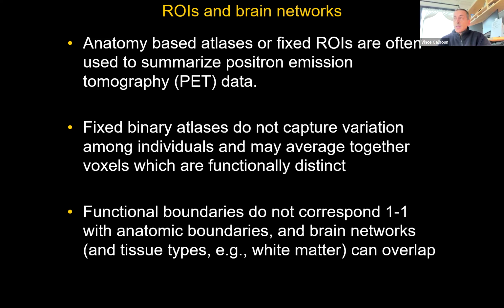In particular, if you're doing functional imaging, you might be averaging together voxels which are functionally distinct. So we know that functional boundaries don't correspond one-to-one with anatomic boundaries. We also know that if you do any brain network analyses, those networks can overlap with one another. And in PET data in particular, we can have different tissue types like white matter that will have some overlap at the boundaries with gray matter.